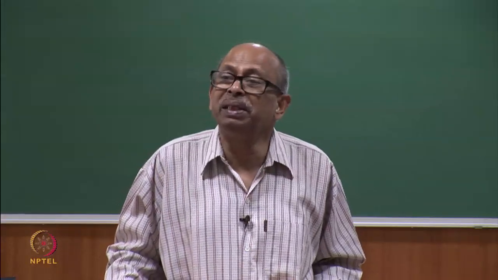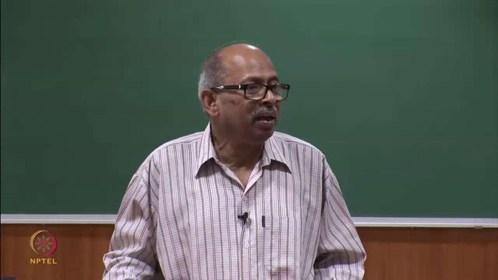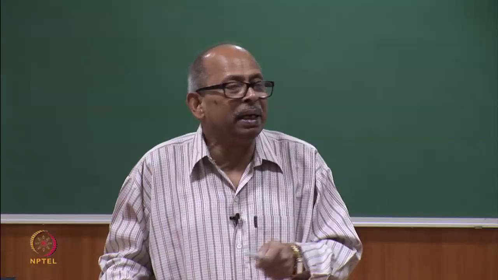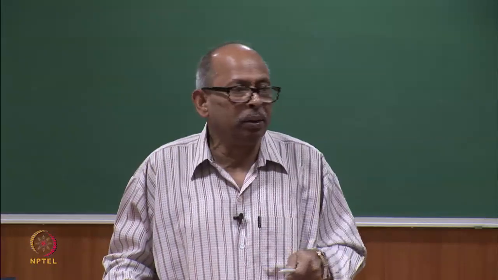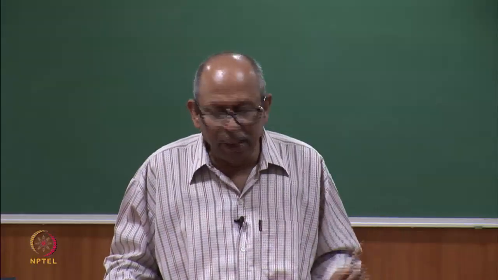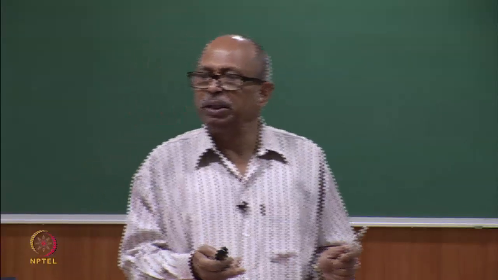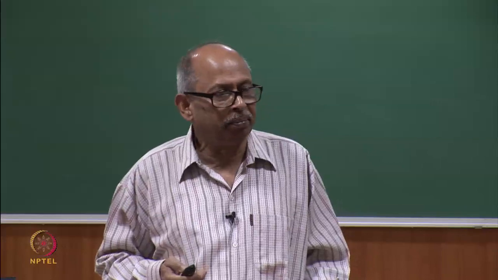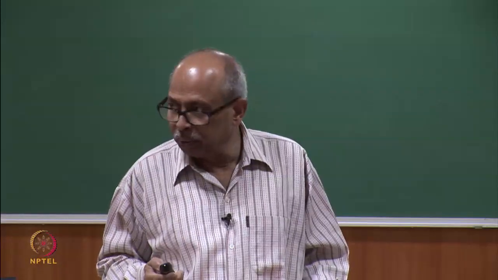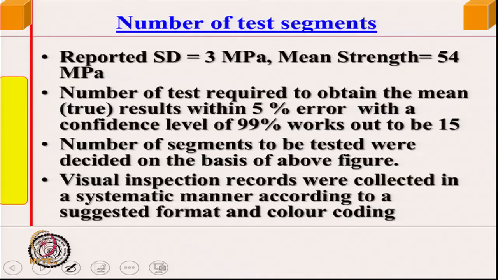So, 15 segments were tested randomly for various kinds of tests, and similar concepts you can apply elsewhere in order to see your accuracy. So, here accuracy was more important, cost was not a factor. In some cases cost would be a factor, and there you have to take it into account.